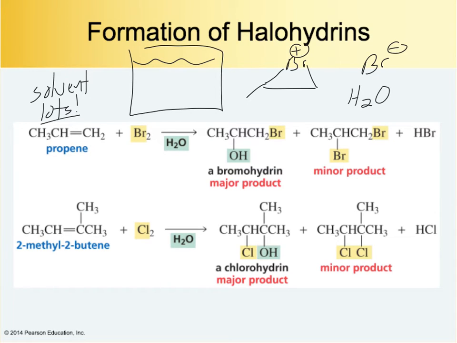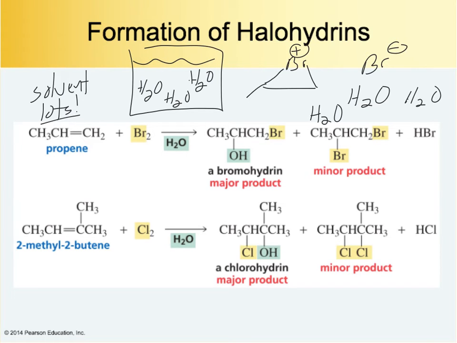The problem is concentration matters. Yes, Br minus is a better nucleophile, so it's more likely to attack. But it doesn't, because let's say there's a million of these waters around. Then it just becomes a numbers game. The water is more likely to attack just because in the beaker you have a lot more water floating around.